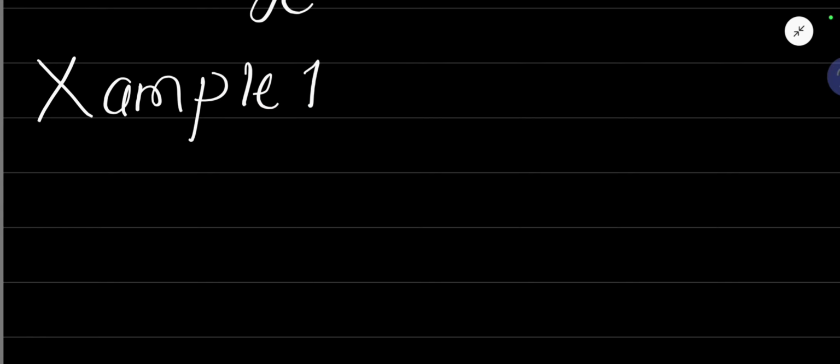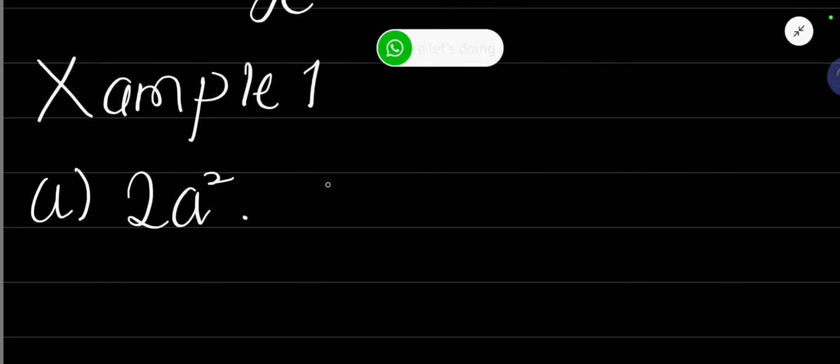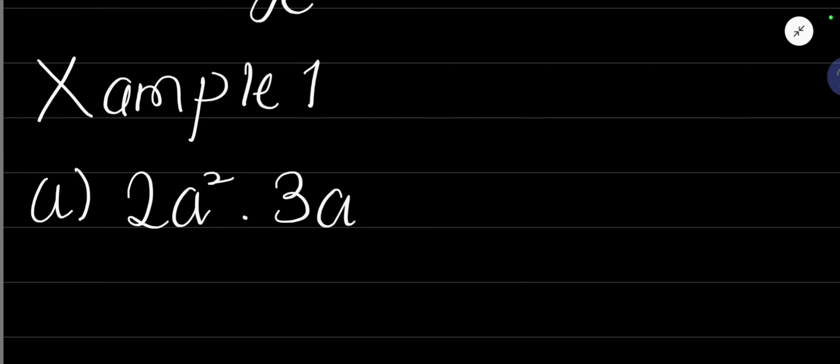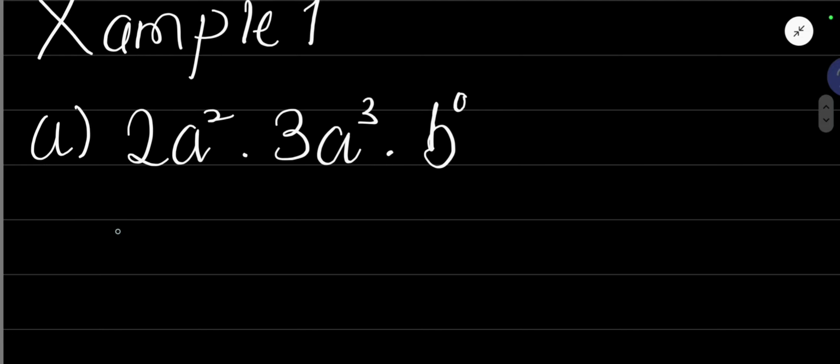Example number 1: let us say that you are given 2a squared times, I'm really sorry about that, guys, times 3a cubed times b exponent 0. We are simply going to apply our rules. I'm just going to try to be as slow as I can so that you guys can hear me.